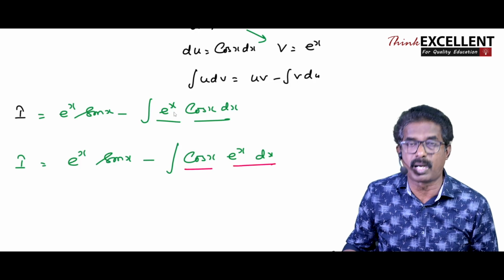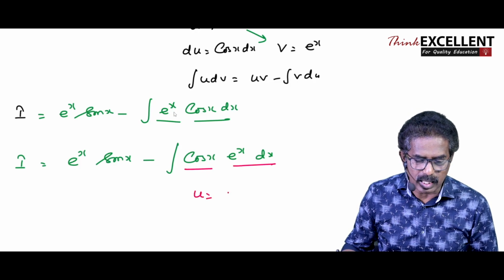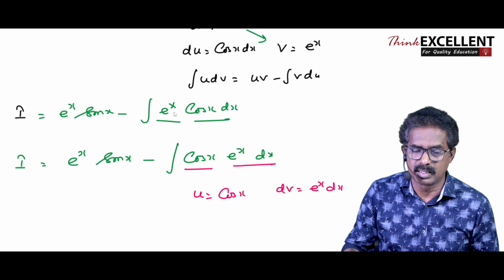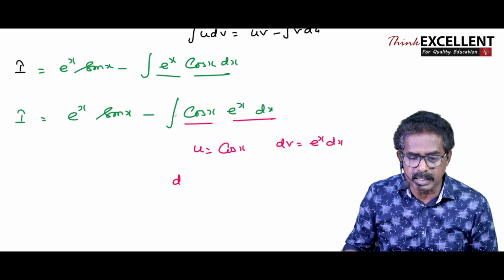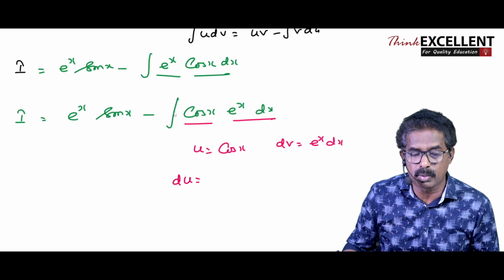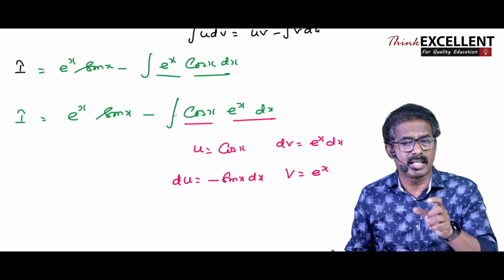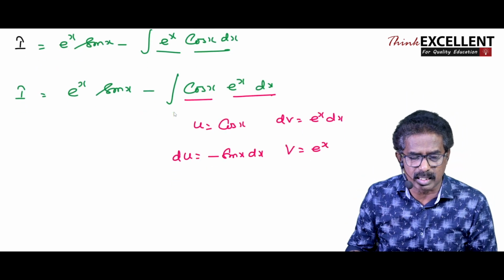In this, one more time product rule. U equal to cos x, dv is equal to e raised to x dx. Differentiate the first one, so du equal to cos derivative, minus sin x. Integrate it, v equal to e raised to x. Again use the formula. We already wrote the formula once, so I'm not going to write it again.